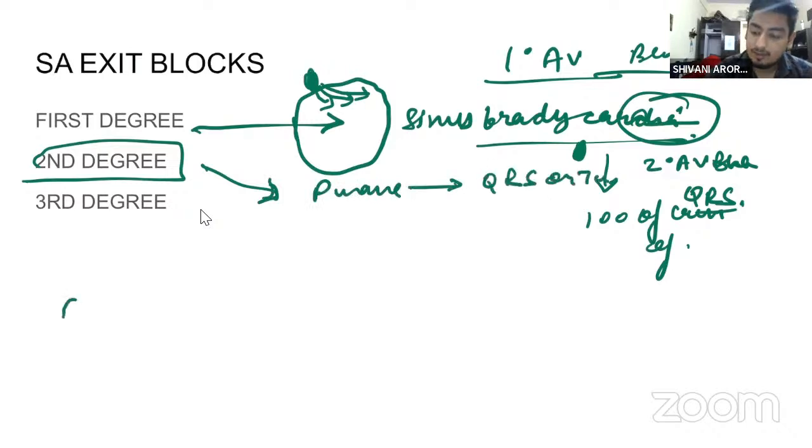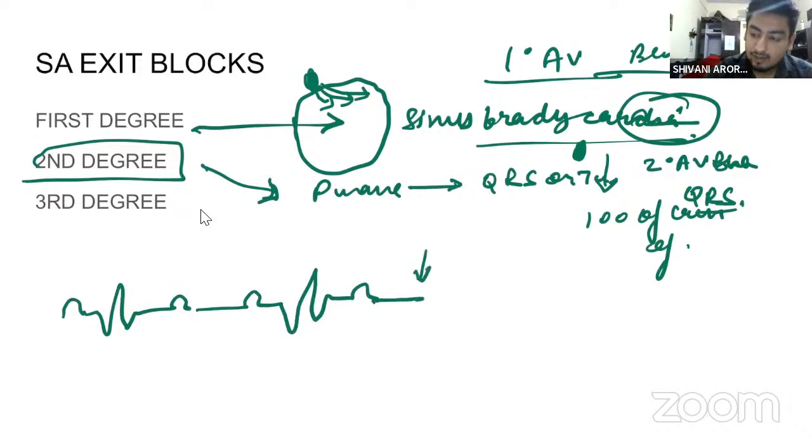So suppose this is P wave, then QRS, then T, then P, then QRS, then T. And at this point, SA node didn't fire. Okay. So there won't be any P wave, there won't be any QRS, and there is not any T wave. And again this P QRST and P QRS.